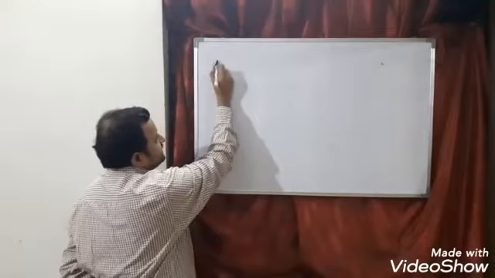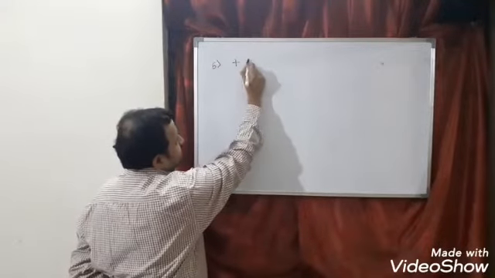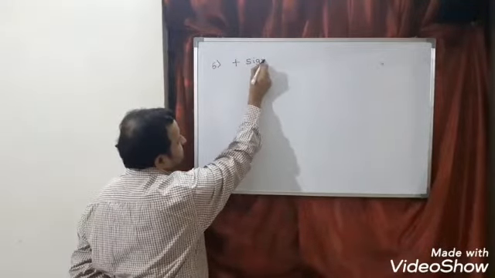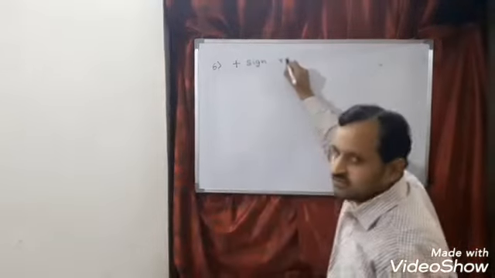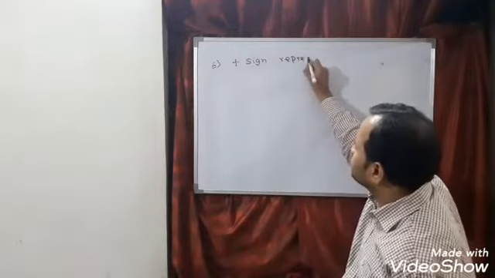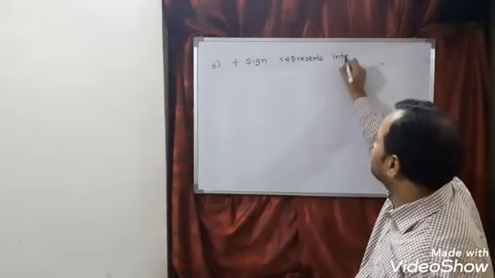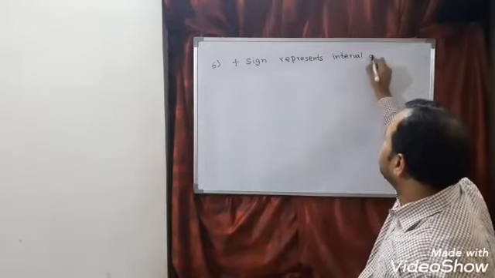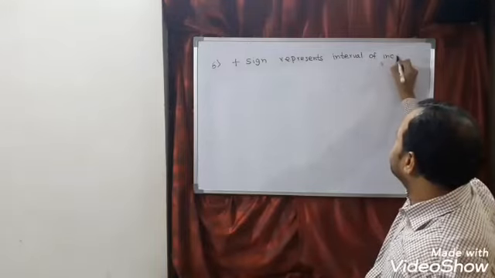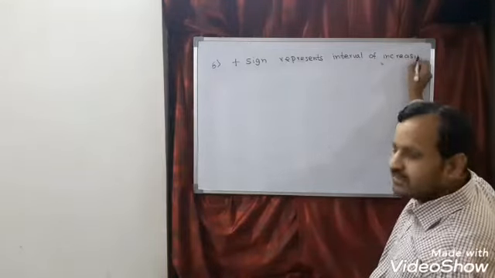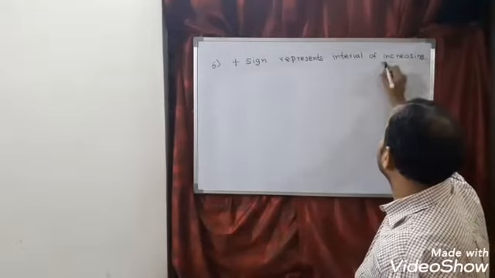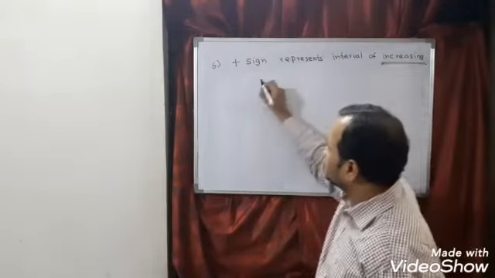So step number 6 is: plus sign represents interval of increasing.